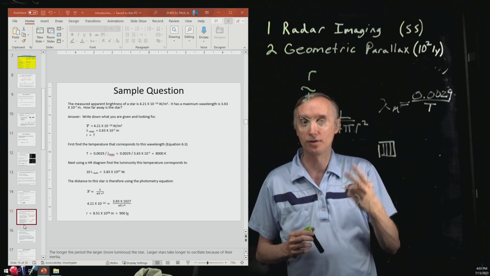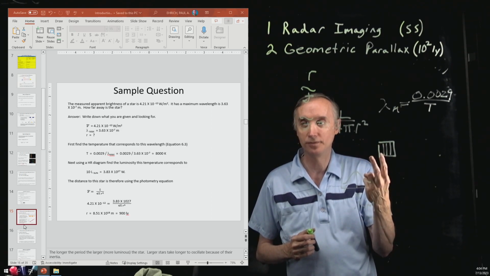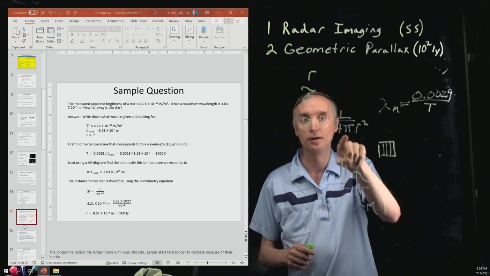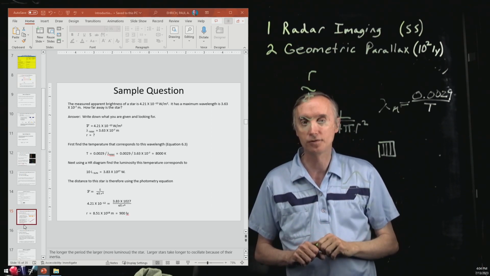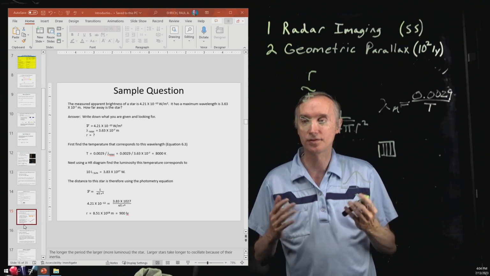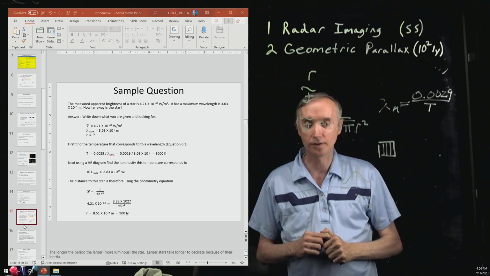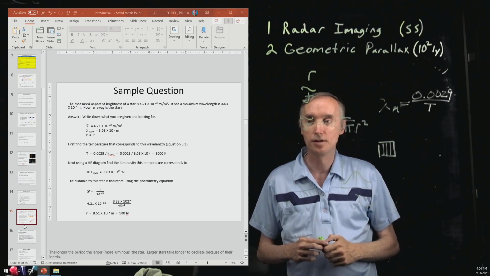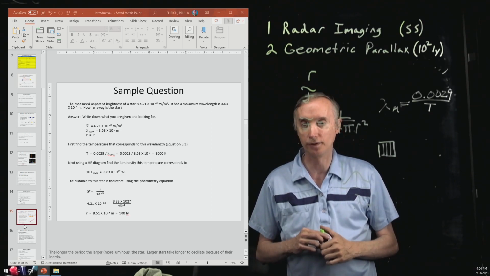Then take those two pieces of information, the actual brightness and the apparent brightness, put them into the photometry equation, and then solve it for the letter r. And it turns out that this particular star was located 900 light years away from Earth. So that's how you do it.